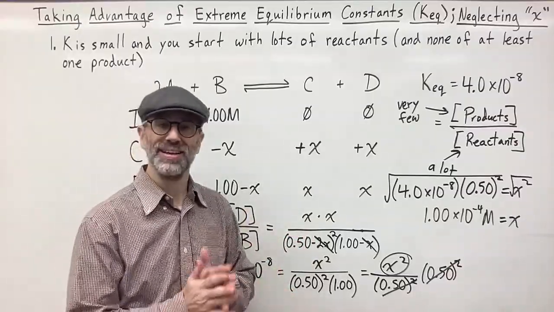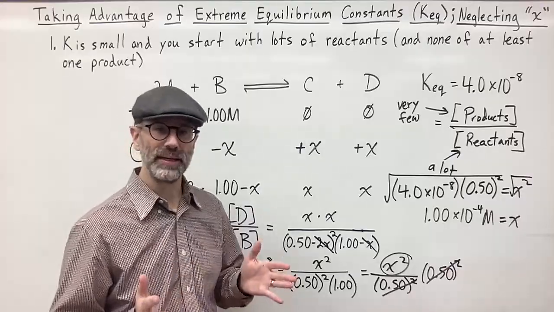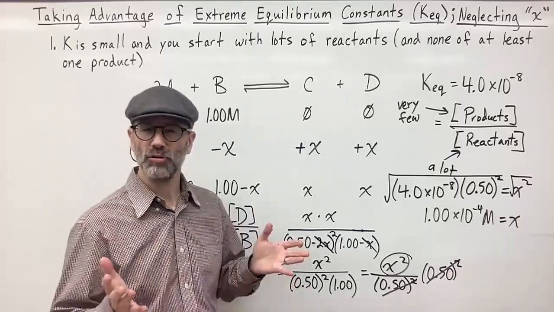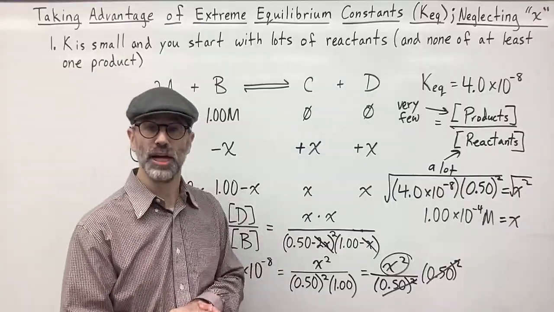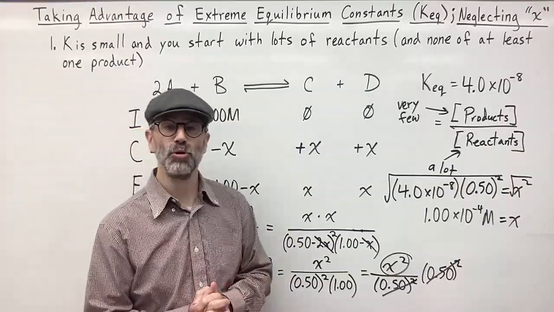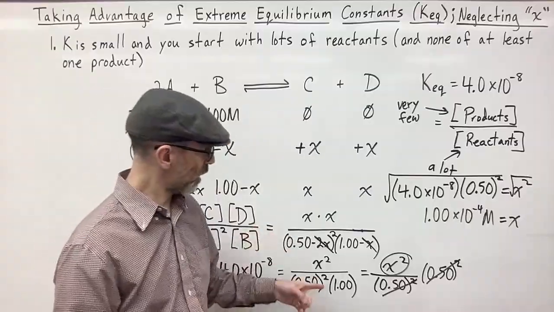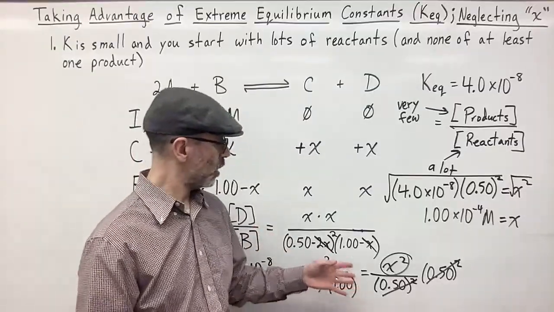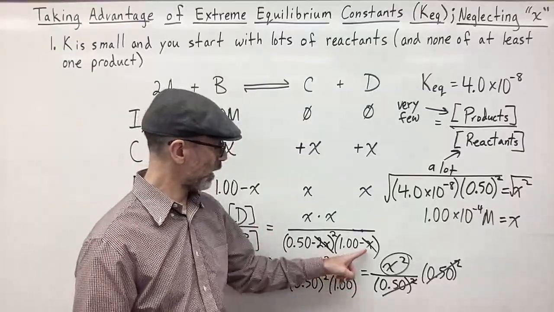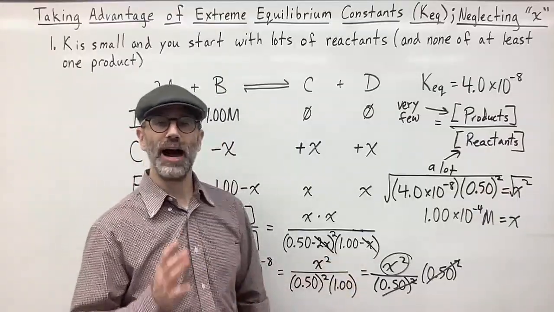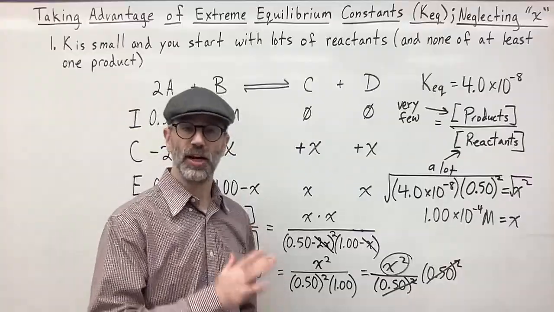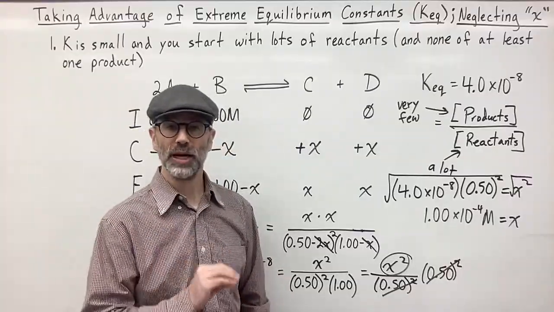But the question is, is that true? Can we make that assumption? How do we know? Can we check it? And yes, we can check it with what is called the 5% rule. The 5% rule is that your assumed x, or whatever it is that you're subtracting, should not be 5% or more of the original concentration.